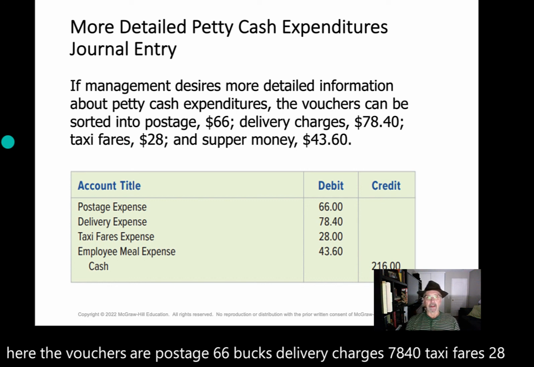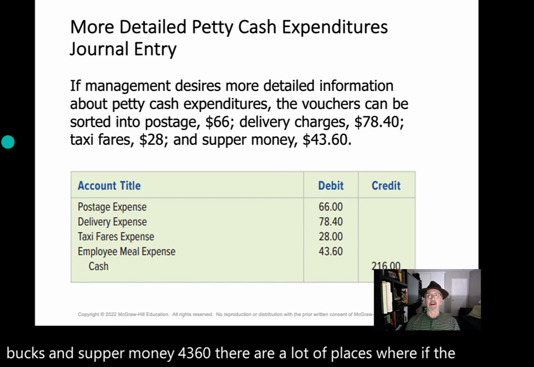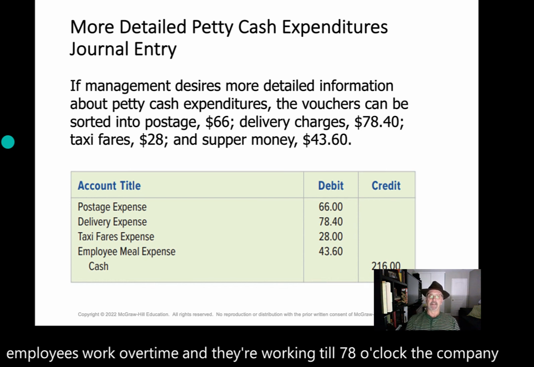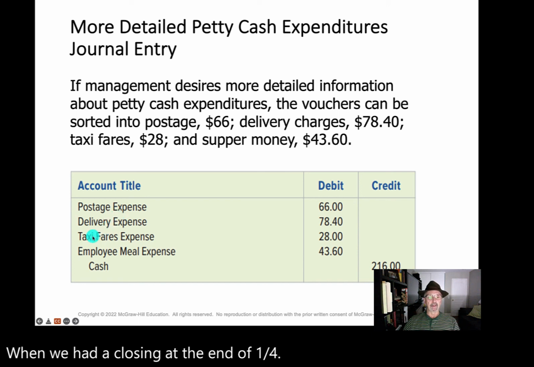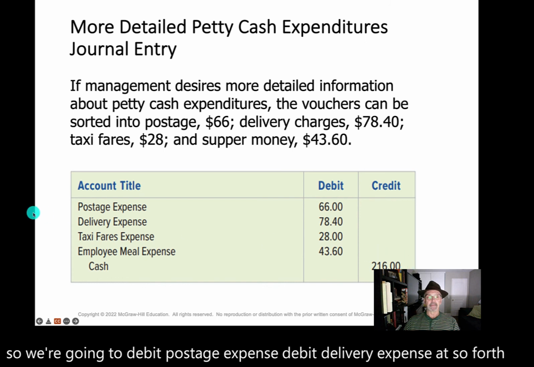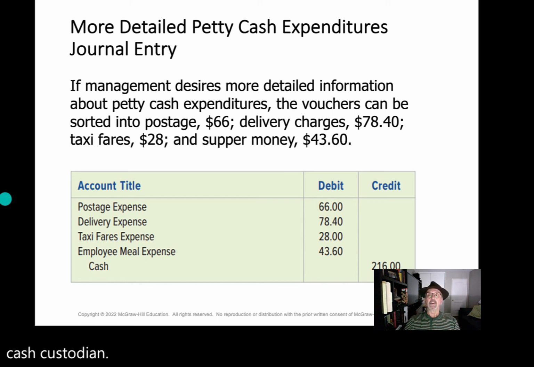There are a lot of places where if the employees work overtime and they're working till 7, 8 o'clock, the company will buy dinner. I did for my employees when we had a closing at the end of a quarter. So we're going to debit postage expense, debit delivery expense, and so forth, and credit cash for $216. That's the check that goes back to the petty cash custodian to replenish the box. So then we have $300 in petty cash again.